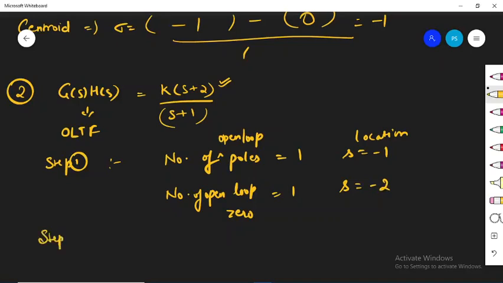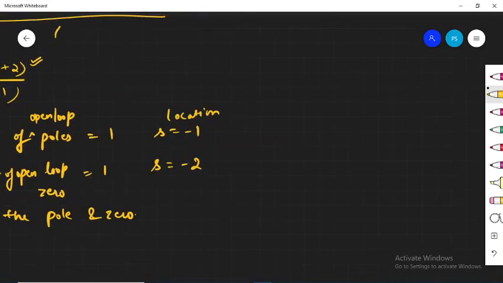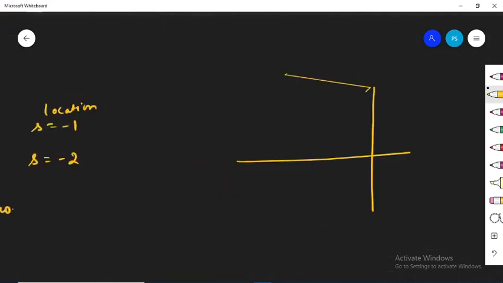Step 2 should be to mark the pole and zero in the S-plane. So let me make an S-plane over here. This is the S-plane that I am making.